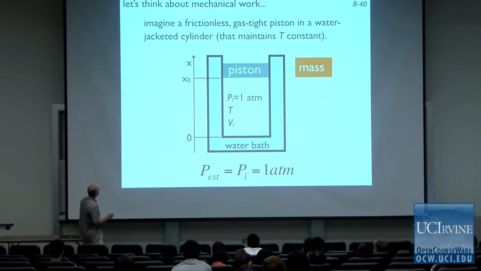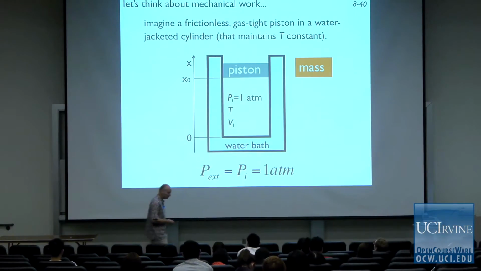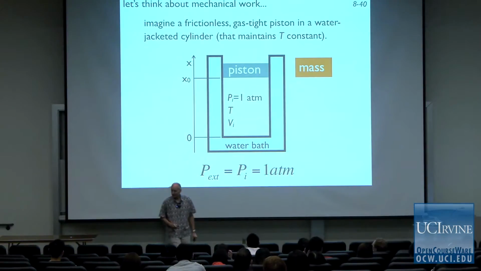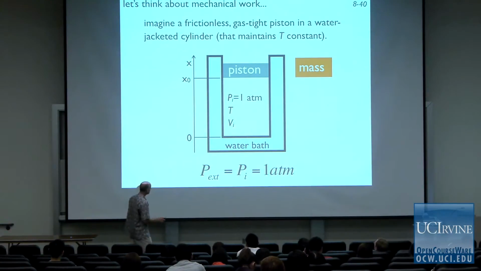Now, let's think about mechanical work. You'll recall mechanical work has to do with pressure. Mechanical equilibrium has to do with pressure. Pressure is the same inside and outside of the system. Now our system is going to be the gas that's inside this container here, which has a volume, V sub i, that is controlled by the position of this piston along this axis here, which is the x-axis.